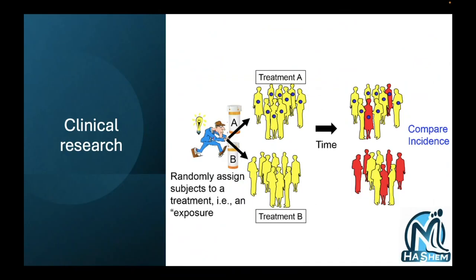Let me make it much easier. If you want to look into whether vitamin C will take the regional pain away or not, you get the patients with regional pain, and you assign them randomly into two groups.